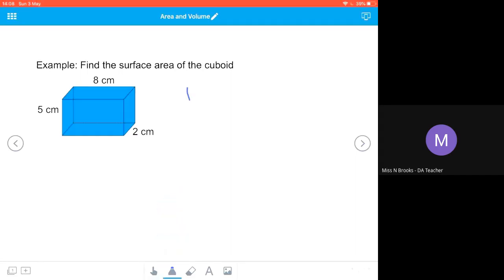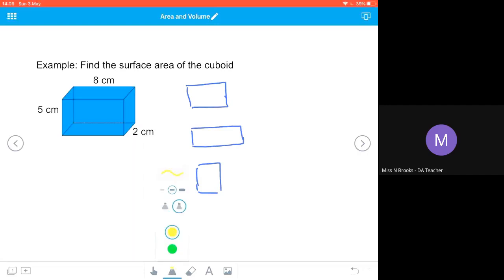So I want to look at the front and the back. I want to look at the top and the bottom, and I want to look at the 2 sides and work out what the dimensions are going to be. So let's go to our picture and let's get a highlighter. So I want to look at the front. So the front is this shape here.